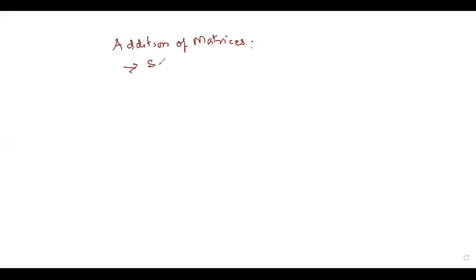Number one, they must have the same order. Matrices of the same order can be added. Means if a matrix is 2 by 3 order, we can add it with a 2 by 3. We cannot add a 2 by 3 matrix with a 3 by 2.